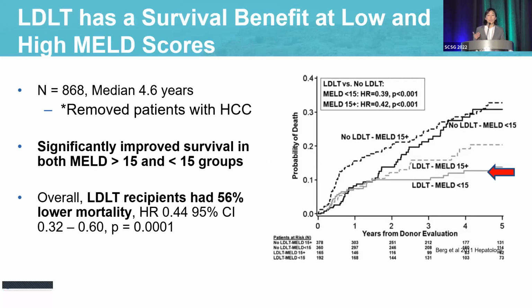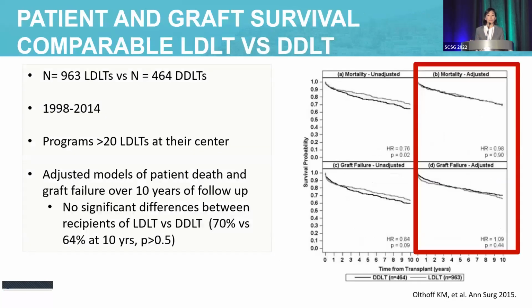They found that, compared to those waiting on the wait list for DDLT, LDLT, whether the MELD was greater than 15 or lower than 15, did better as far as survival. Overall, LDLT recipients had 56% lower mortality with a hazard ratio of 0.44.